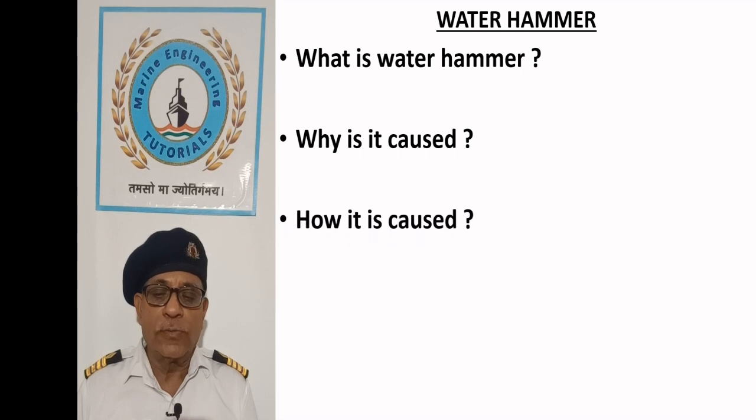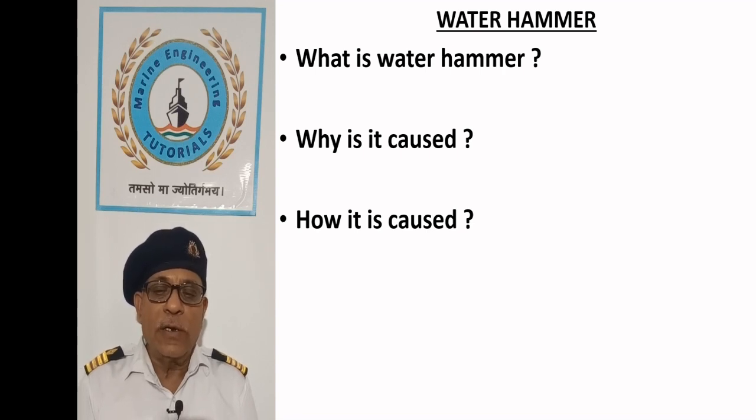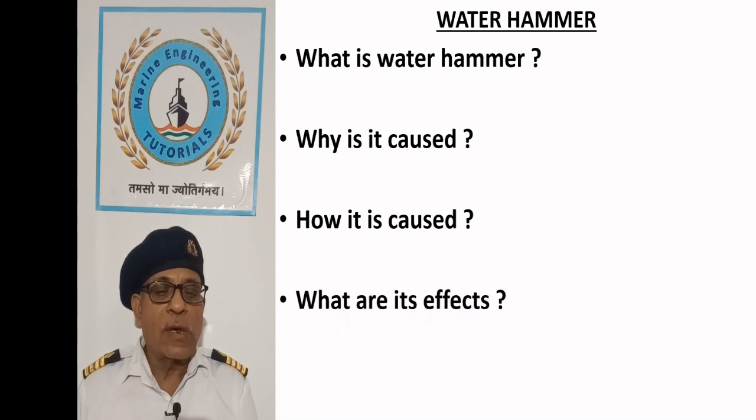How is it caused? When steam is admitted, condensation occurs on the cold water surface or in cold section of pipe, resulting in a partial vacuum, and the water moves along the pipe at great speed. What are its effects?